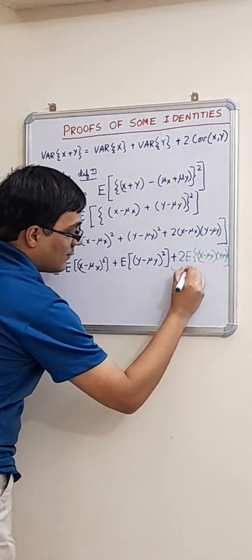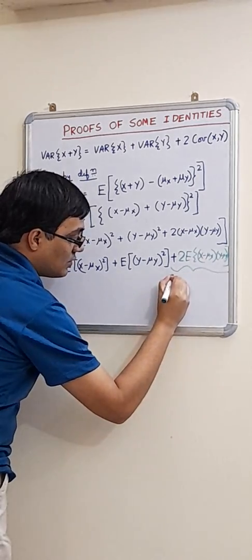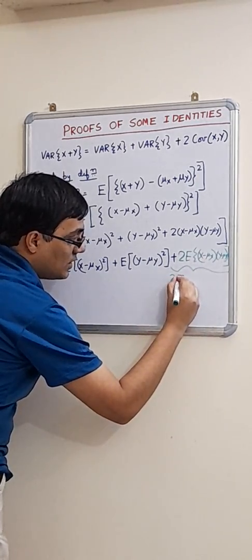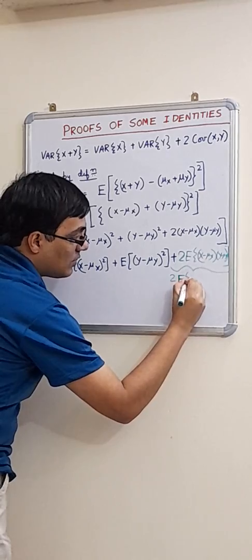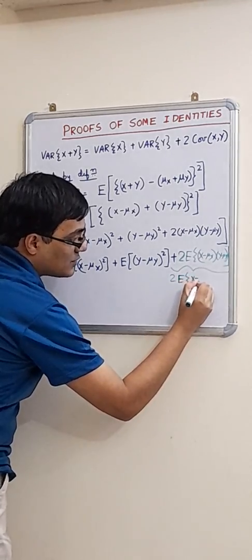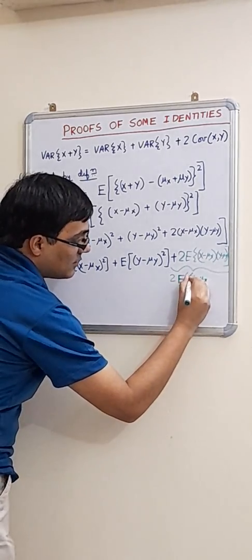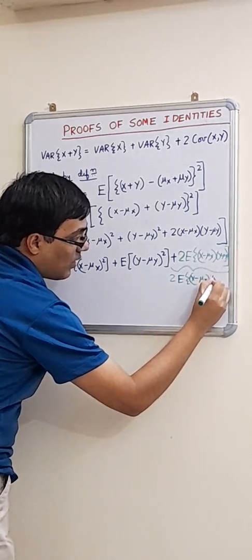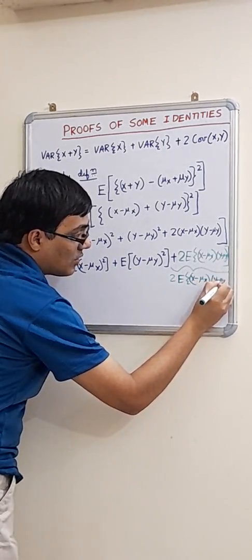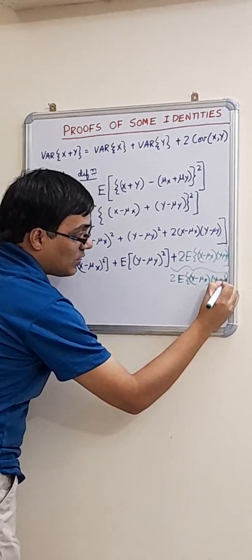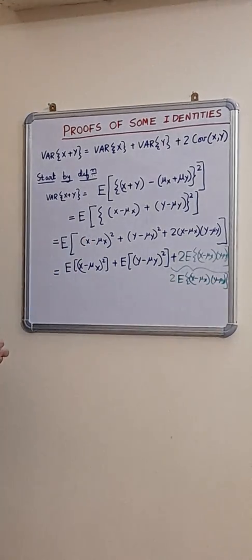So this term, if I may rewrite, is 2 times E of x minus mu x into y minus mu y. Is this visible? I'm just checking the clarity and visibility.